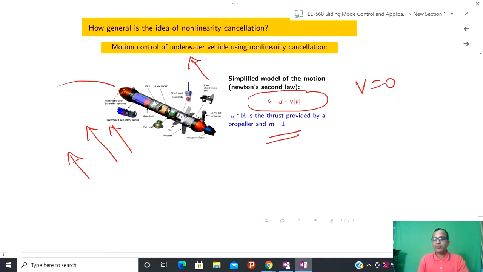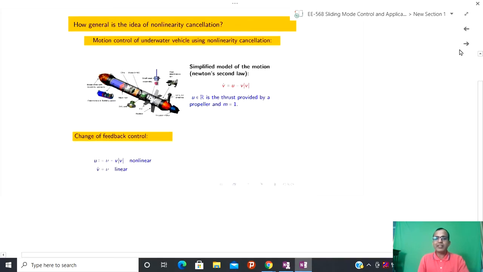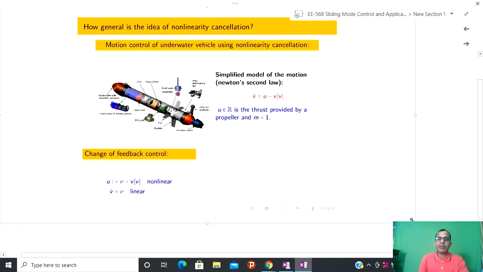Okay. So after that, you can see what the meaning of feedback is, what the idea of this particular feedback linearization is. They are telling that since the control is in my hand, and I am assuming the actuator, the thruster I am applying to this underwater vehicle, design a control in such a way that after updating this control, this whole system becomes linear.